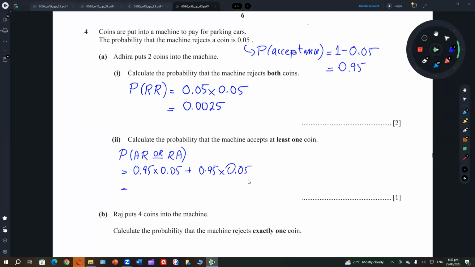Now, at least means one coin. So is it possible that the machine accepts both of them? At least means at least one, so it could be more than one. Yes, very good. Now you have to share this working.